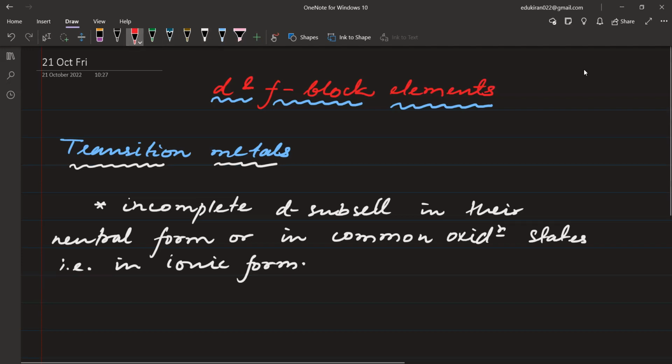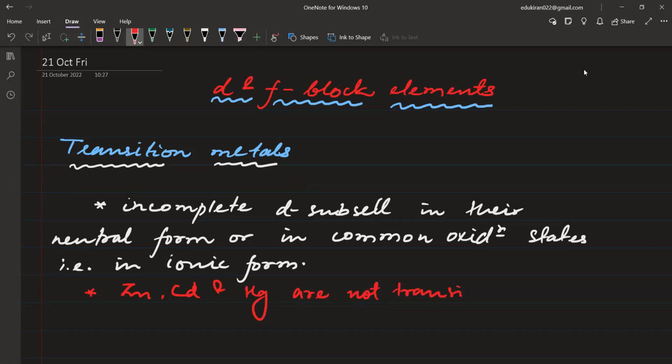Okay. Now, important point. If you look at the last elements of the D series, such as zinc, cadmium, and mercury, Zn, Cd, and Hg are not transition metals. Why?